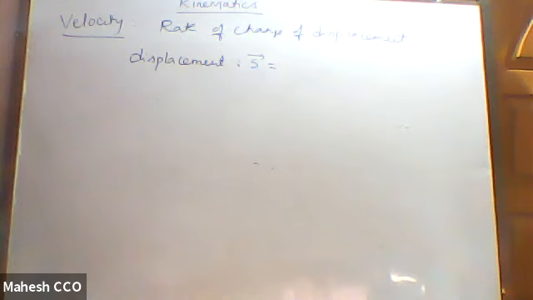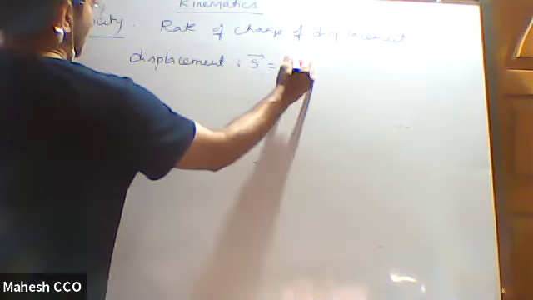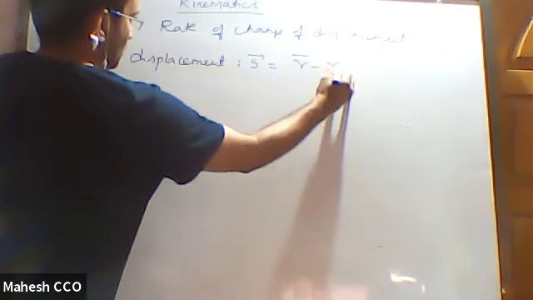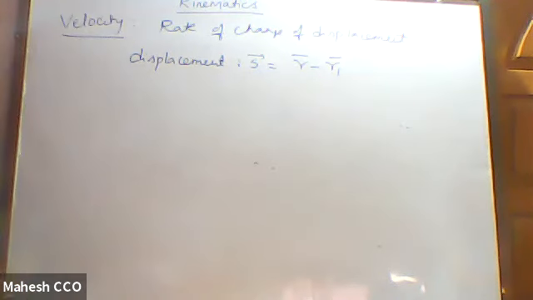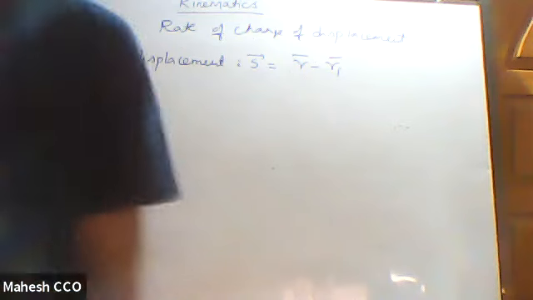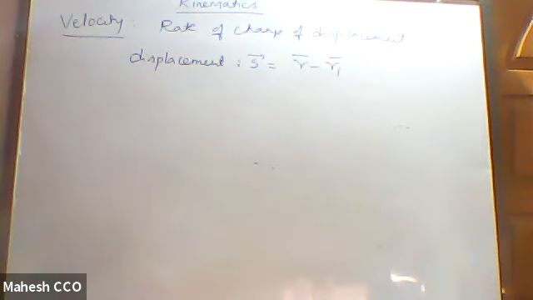But if you want a general displacement, then if the position vector at any time is r bar, and the initial position vector is ri bar, then the general displacement can be written as r bar minus ri bar.